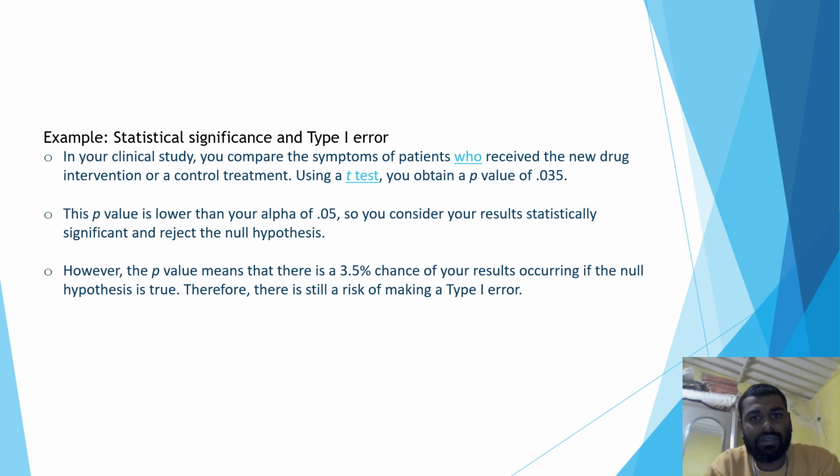Using a test, you obtain a p-value of 0.035. This p-value is lower than your alpha of 0.05, so you can consider your results statistically significant and reject the null hypothesis. However, the p-value means that there is a 3.5 percent chance of your results occurring if the null hypothesis is true. Therefore, there is still a risk of making a type 1 error.